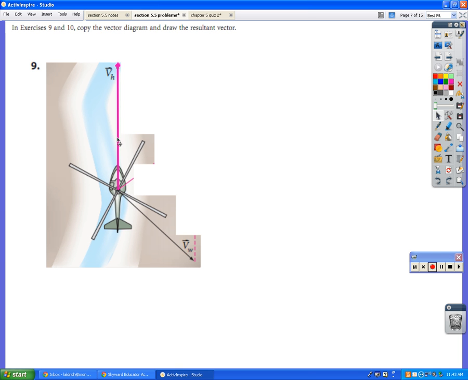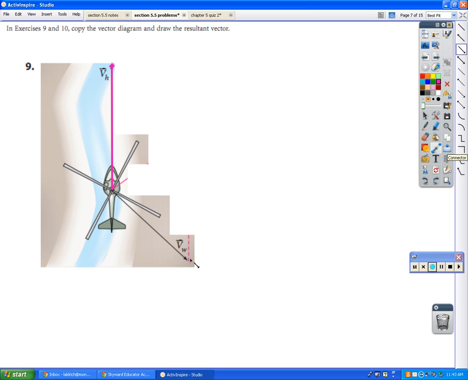So if I copy this vector right there and put it on the end of this one right here, okay?